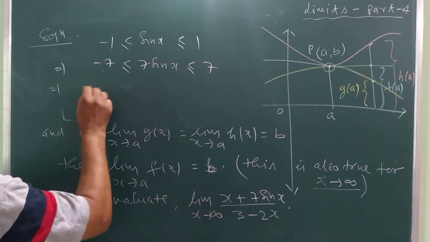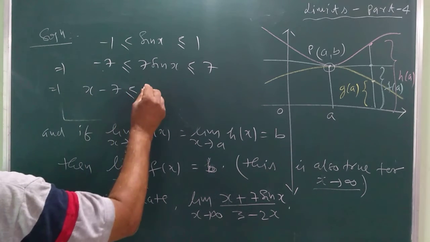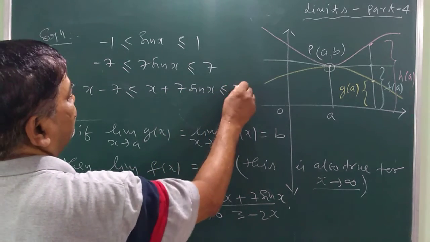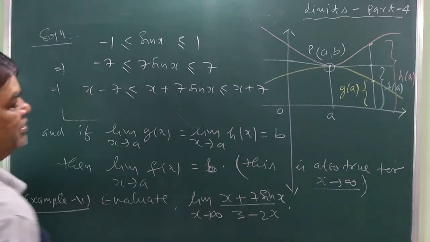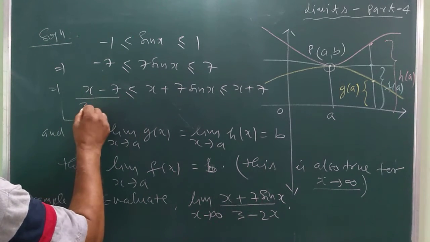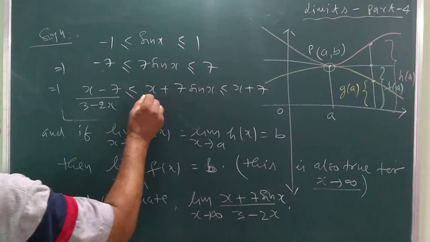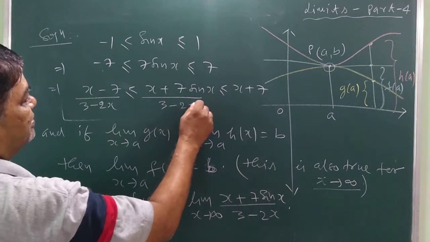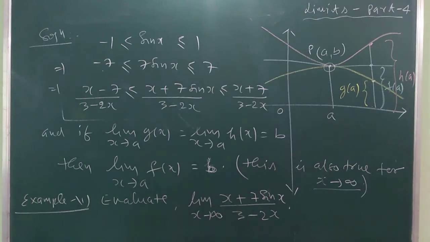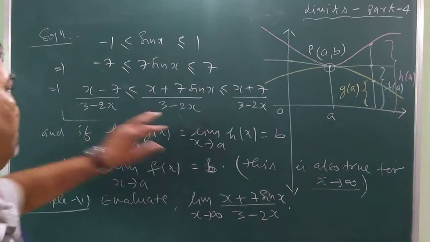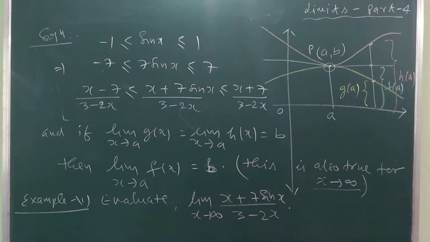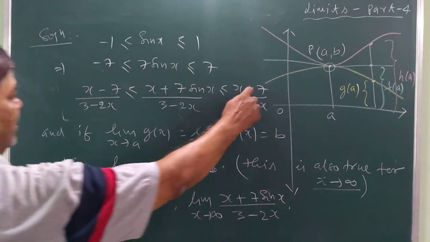Now again here is x. So x - 7 is less than or equal to x + 7 sin x, less than or equal to x + 7. Now it is divided by 3 - 2x, in each part. So this is your g(x), this is your f(x), and this is your h(x).